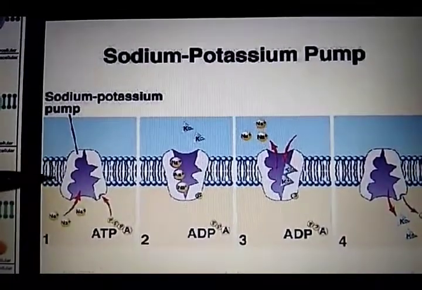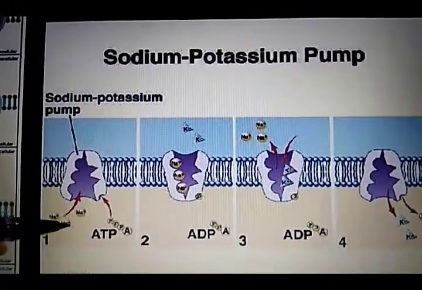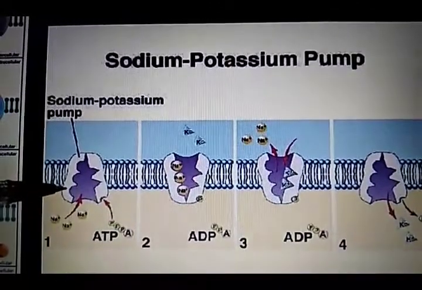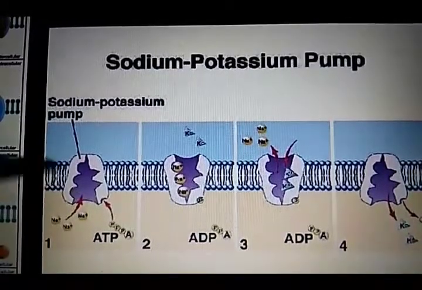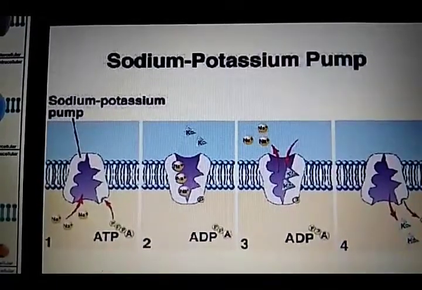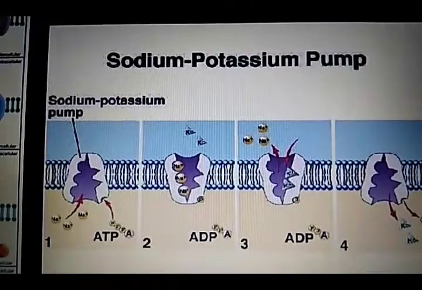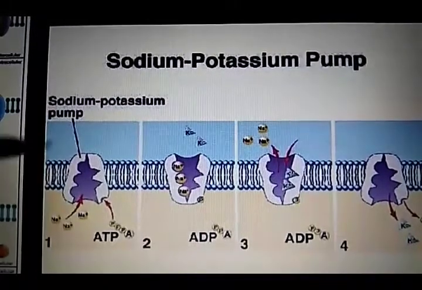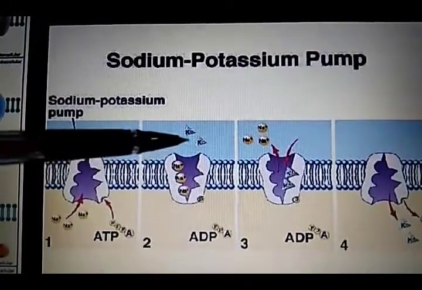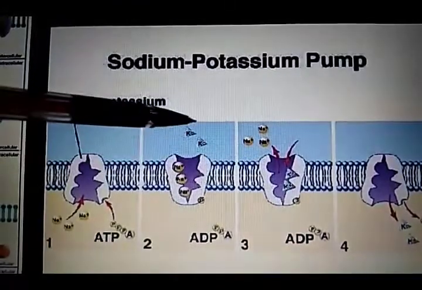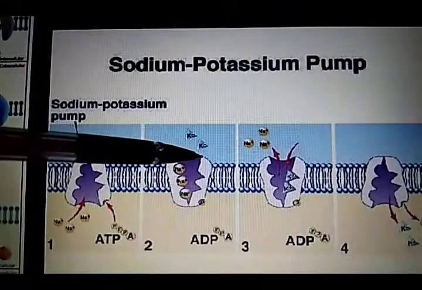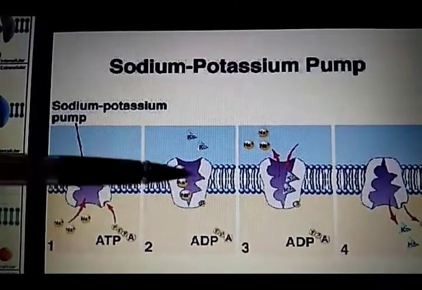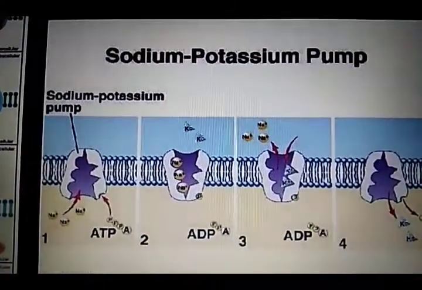Here, on the inner surface of the carrier protein, 3 sodium ions get attached, while 2 potassium ions outside the cell bind to the receptor site of the potassium located on the outer surface of the carrier protein. The potassium ions are ready to bind to the receptor sites present in this pump for potassium ions.